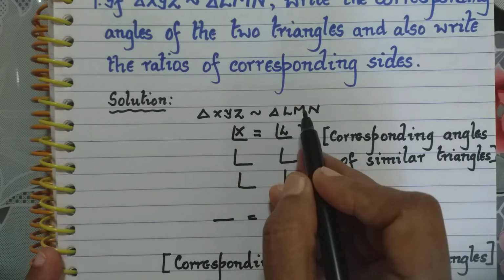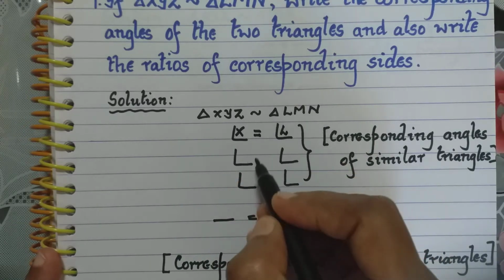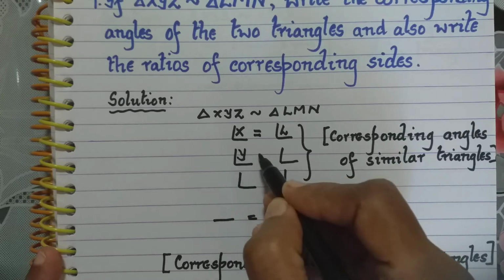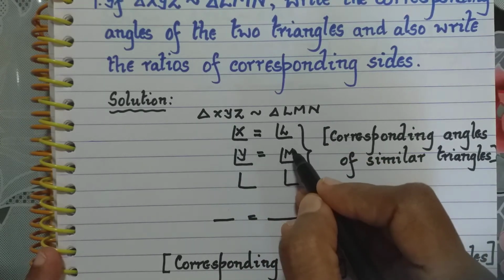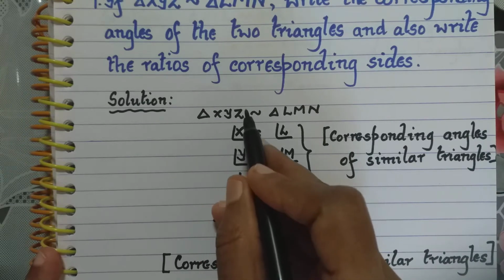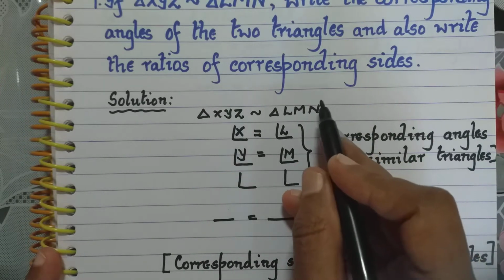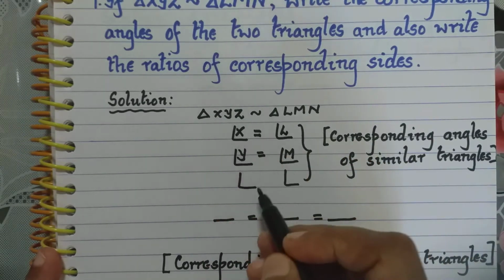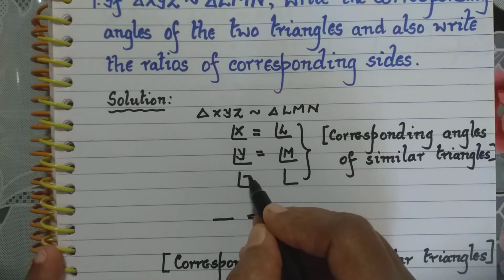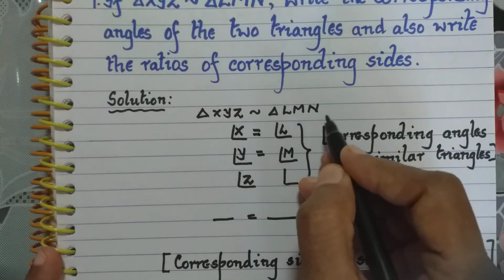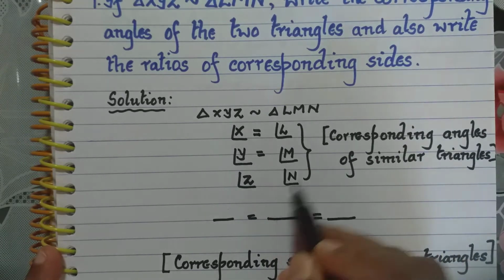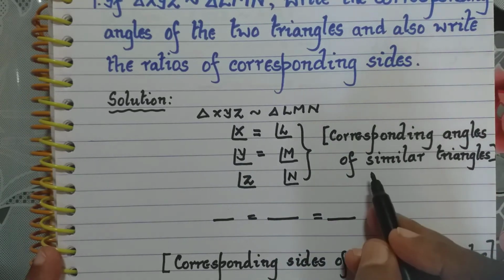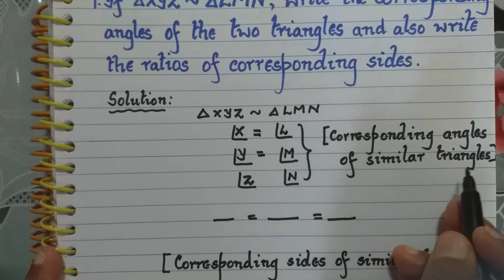Second alphabet here and second alphabet here, that is angle Y is equal to angle M. Third alphabet here and third alphabet here, that is angle Z is equal to angle N. What are these? Corresponding angles of similar triangles.